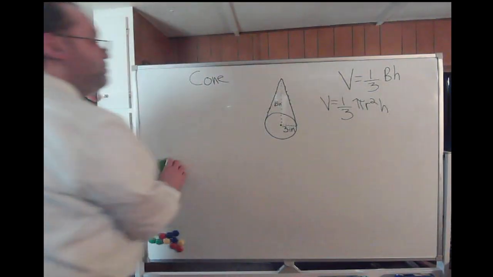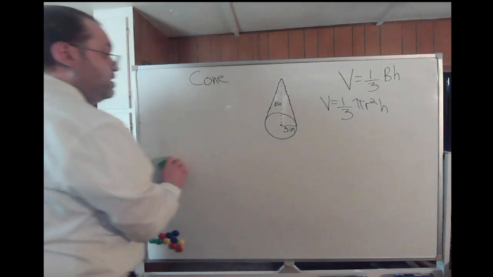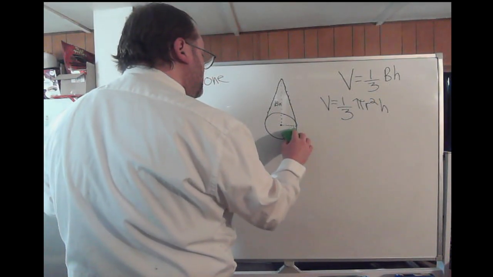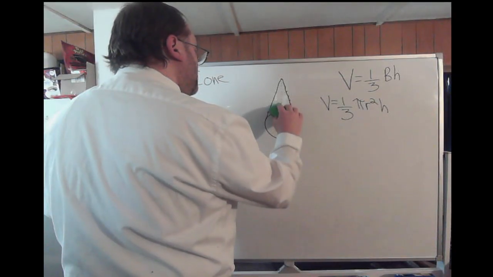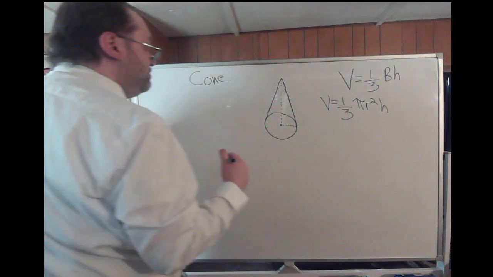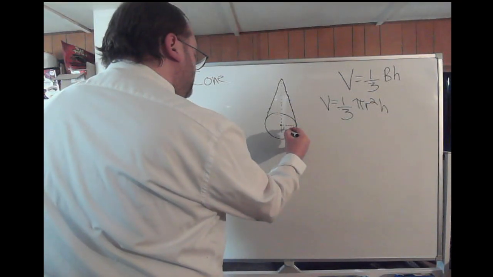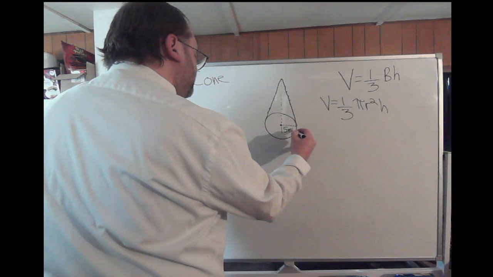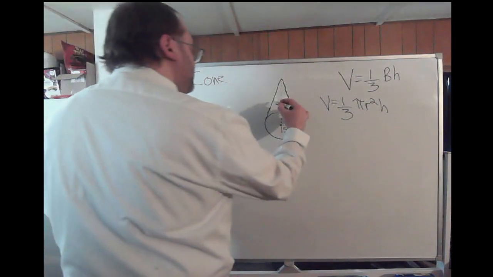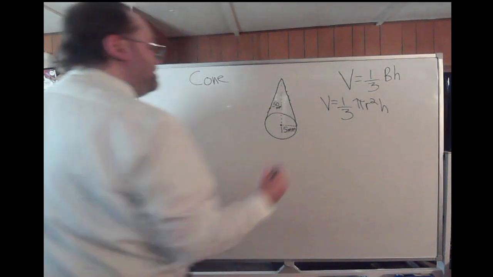Alright, I'm going to do one more example here of a cone. Let's say we have 15 millimeters for the radius and 50 millimeters for the height.